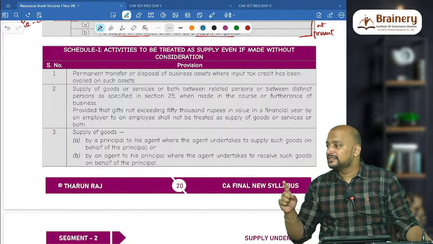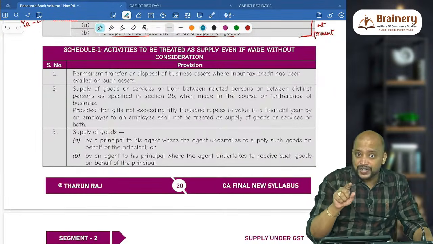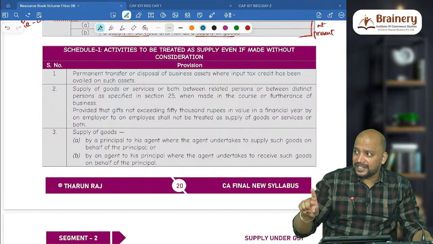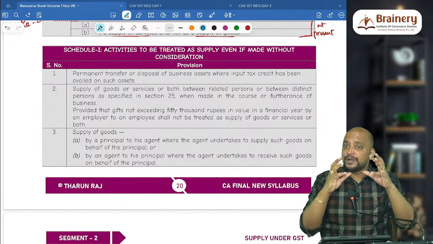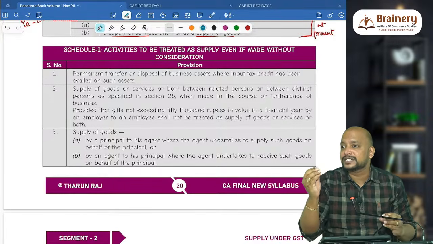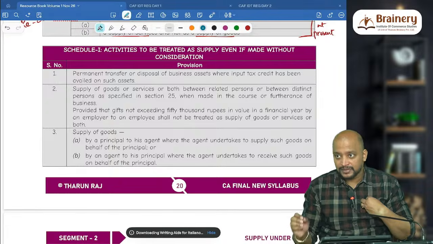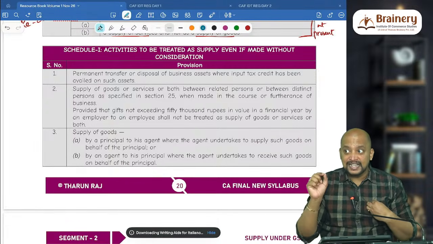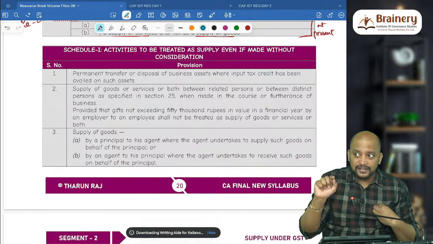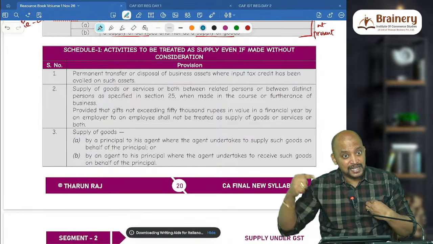Disposal of business asset. What is a business asset? AC, on which ITC is availed. What is the intention behind taxing this, or what is the intention behind bringing it into supply? Please concentrate. First, I enjoyed ITC. Is the asset with me now? No, the asset is with some other person.